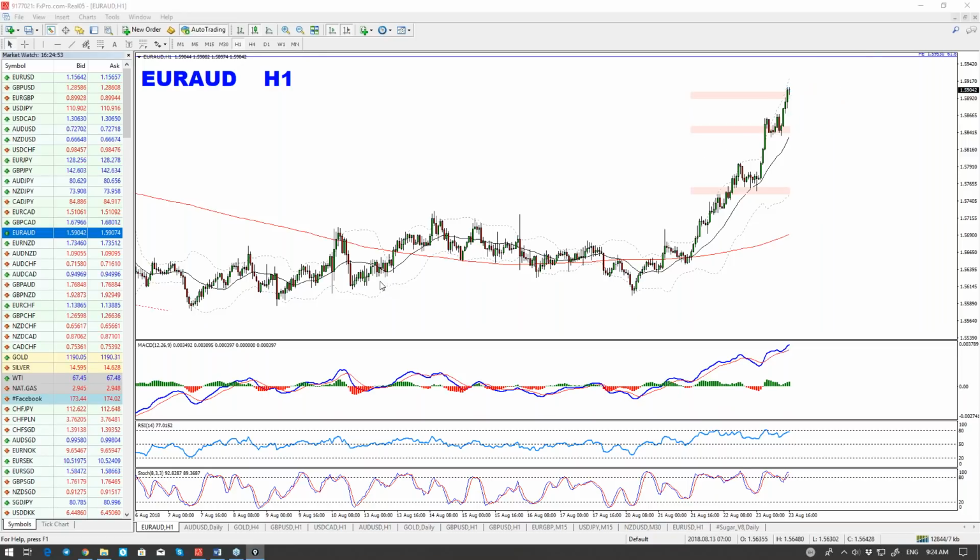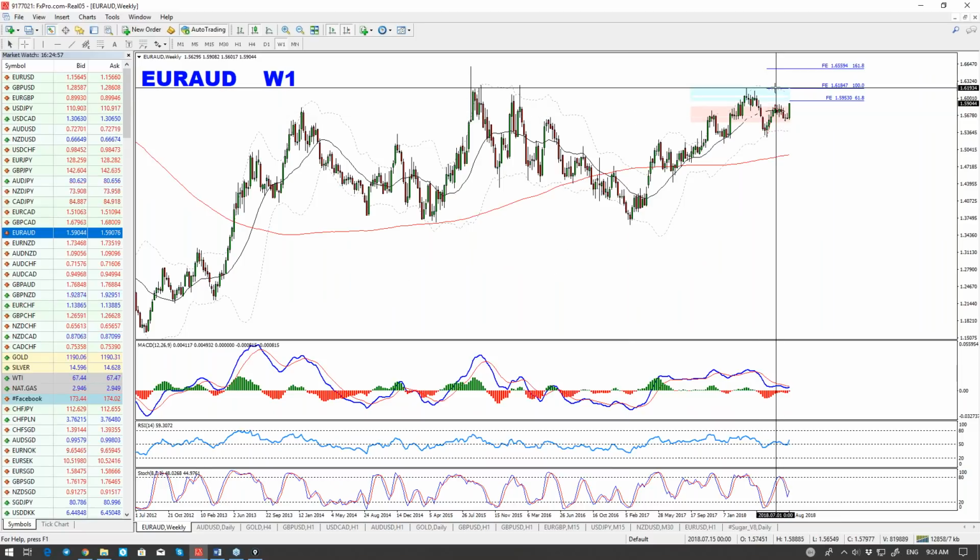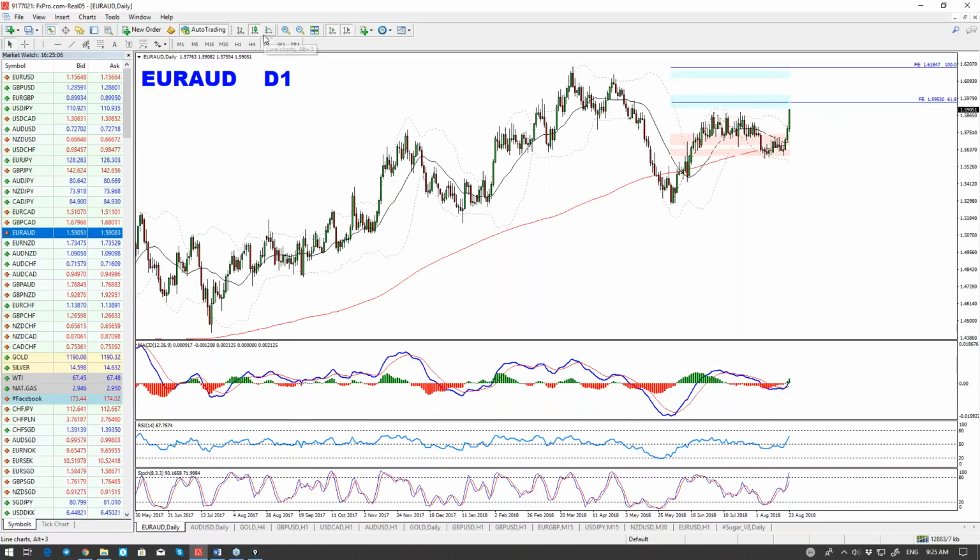Okay, so that's about the euro OZ. For longer term, as long as the weekly holds, the idea is to sell. But in order to be able to sell the weekly, daily and 4-hour must fit in. And as for now, they are not. Okay, so that's for the OZ.